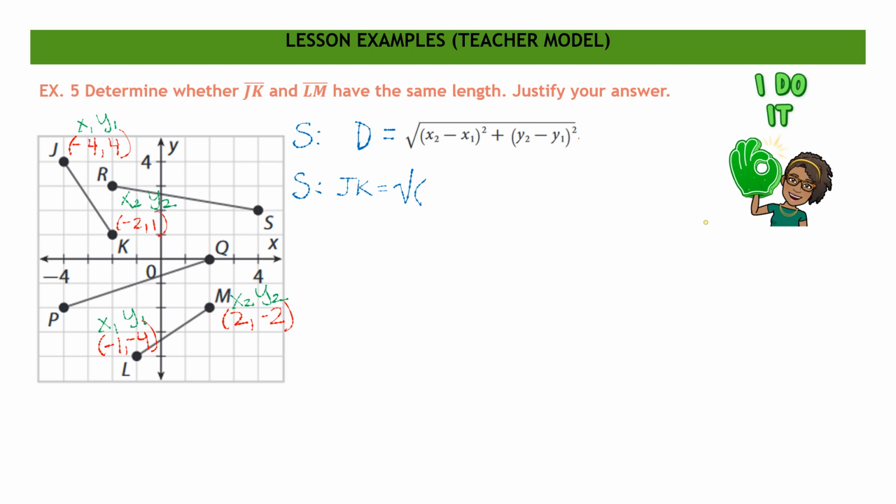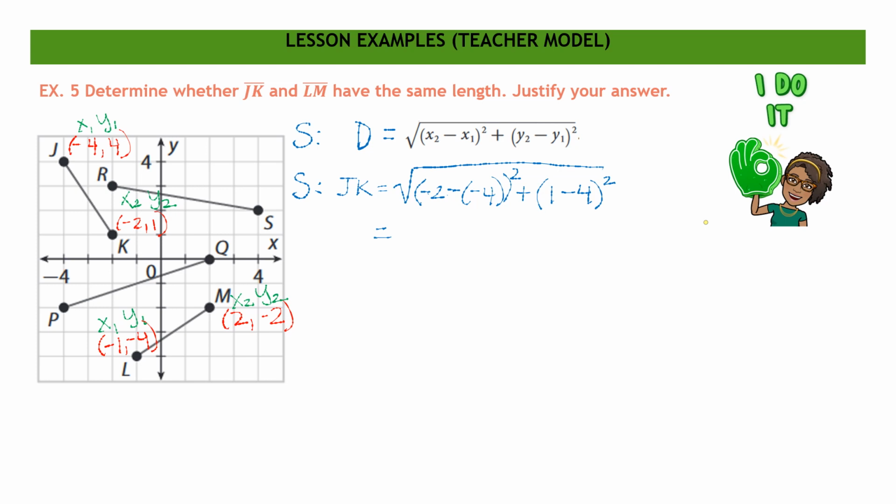So we have x2, which is -2, minus x1, which is -4, and that is all squared, plus my y2 for K and J, 1 minus 4, and that's squared. And then we have this all under the radical sign. So now we're in our second part for LM.